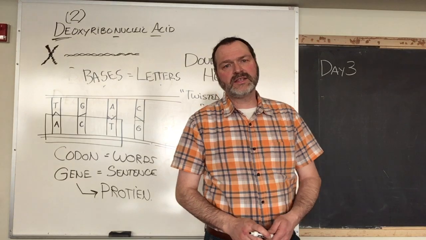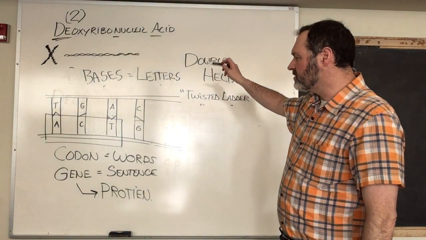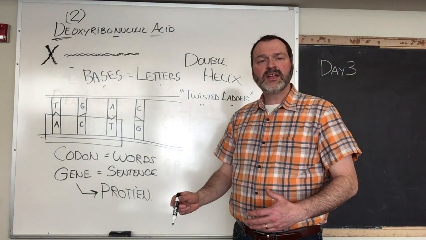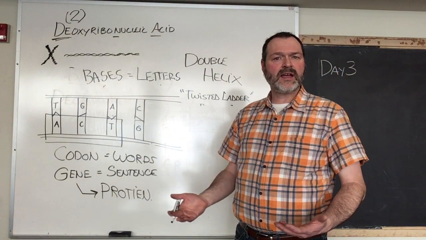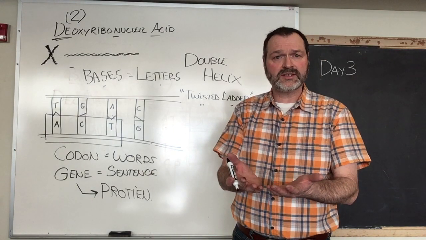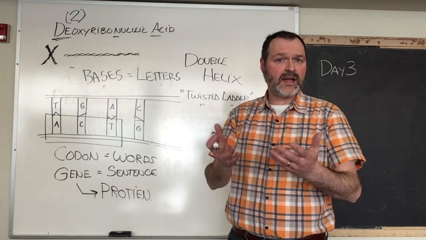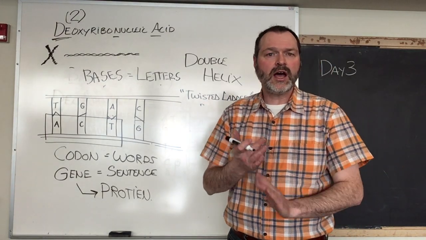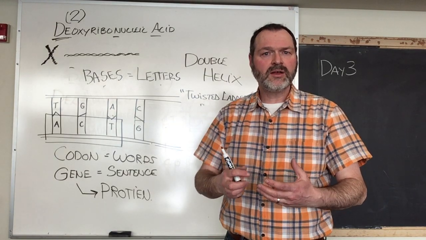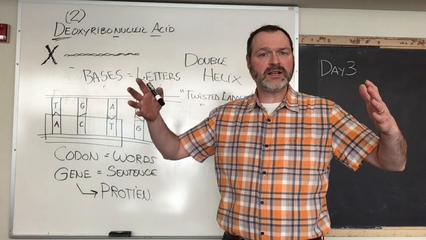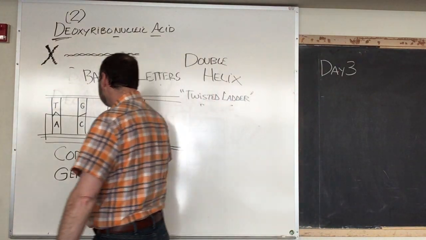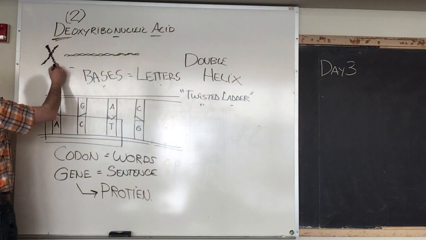And just to wrap this idea up, if we've got bases or letters, codons are words, genes are sentences, we've come back full circle, because if we're reading a book, we might call a whole bunch of sentences together paragraphs, and we do have genes that work together to make sets of complex proteins, so they're like paragraphs. But the next unit in English would be a chapter. So a book is usually divided up into chapters, and that brings us back to this guy.